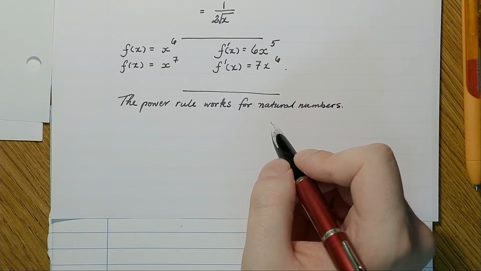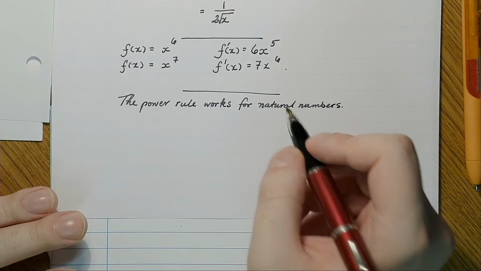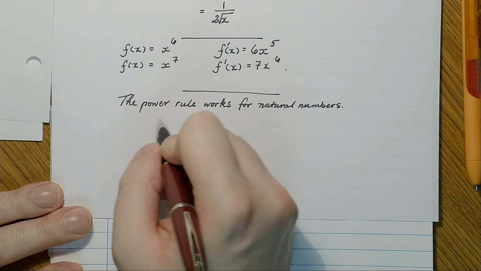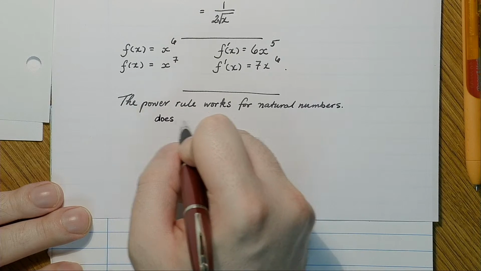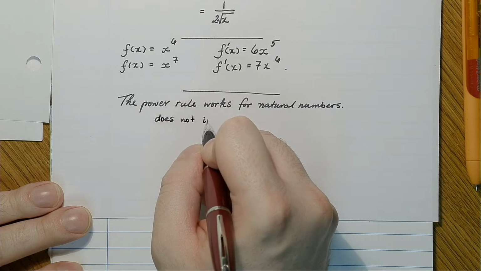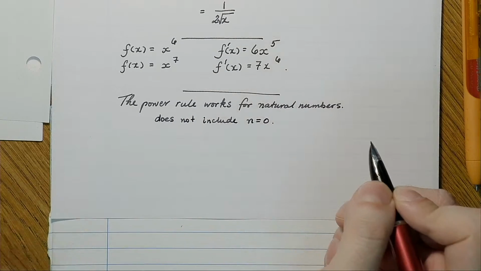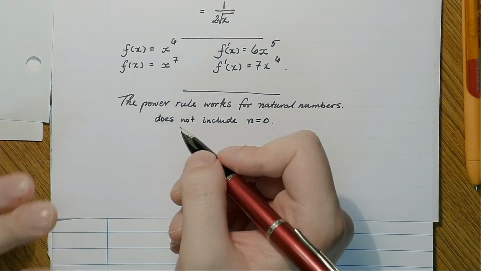At least how we've proved it works for natural numbers. And this means it does not include n equals 0. So that's an important case.